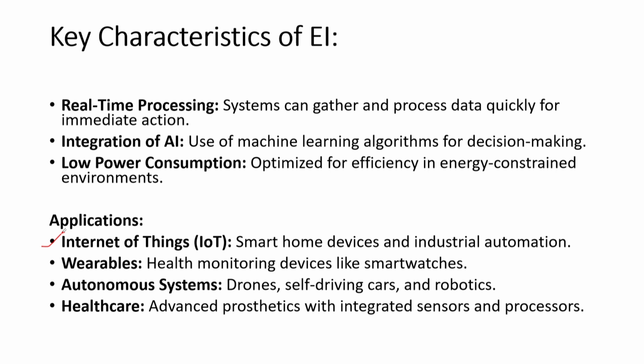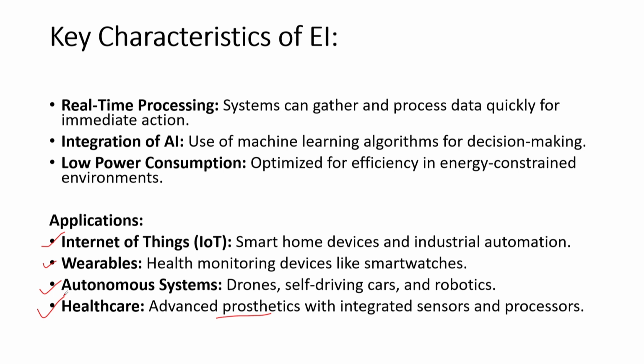This is nothing but an example of embedded intelligent systems. Then autonomous systems like drones, self-driving cars and robotics, of course, and healthcare applications like advanced prosthetics with integrated sensors and processors. These are some examples of EI.